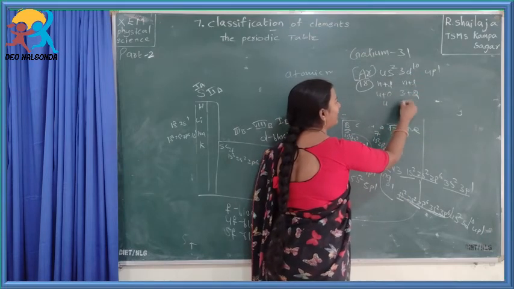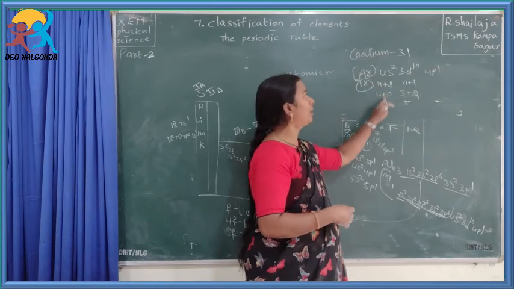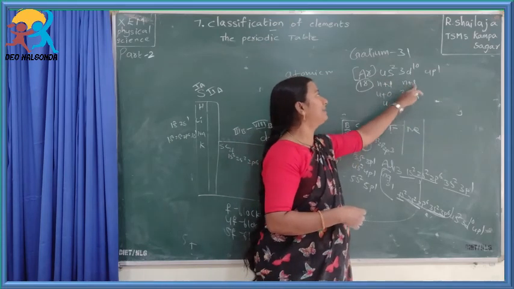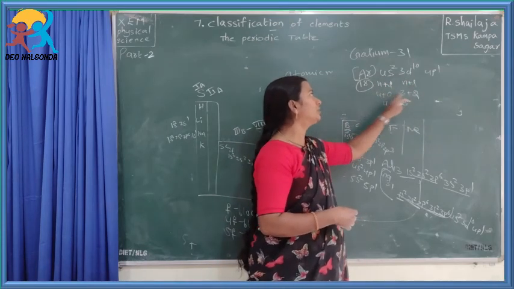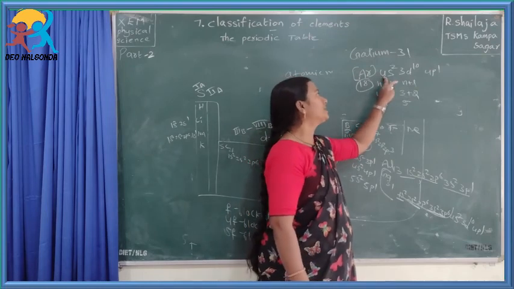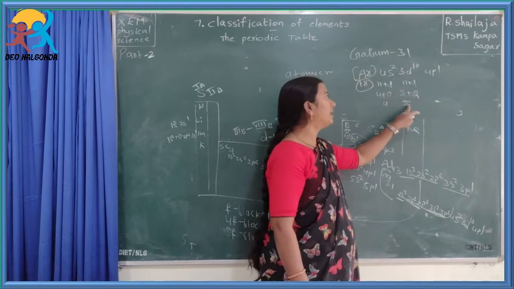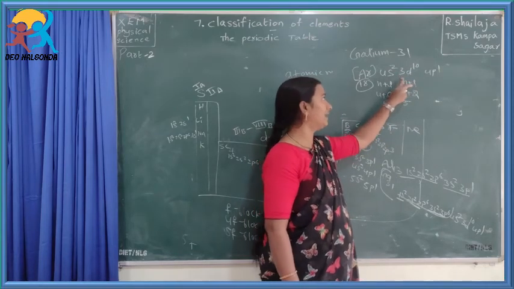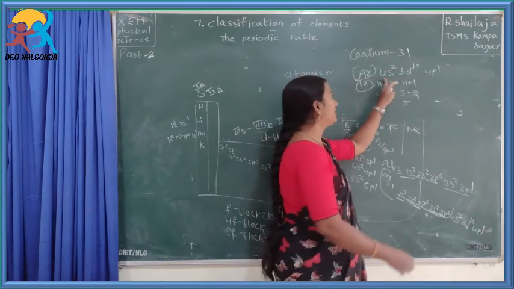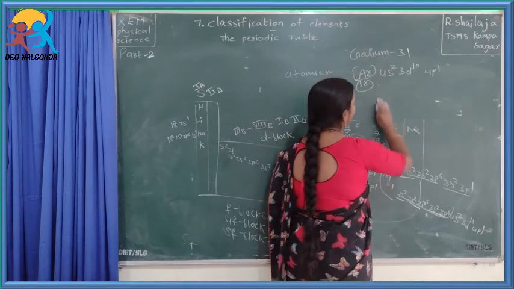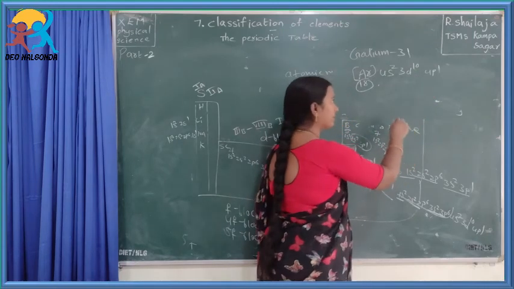So here 4 and here 5. The n plus l value for 4s is 4 and for 3d is 5. So in these two cases 4s is the less energetic orbital because its n plus l value is less, and 3d is the more energetic orbital because its n plus l value is 5. So that's why we complete 4s first, then 3d, next 4p1.